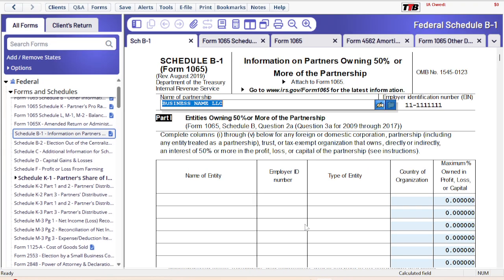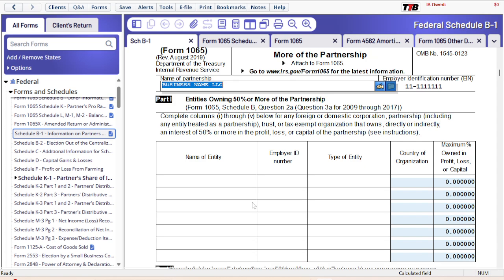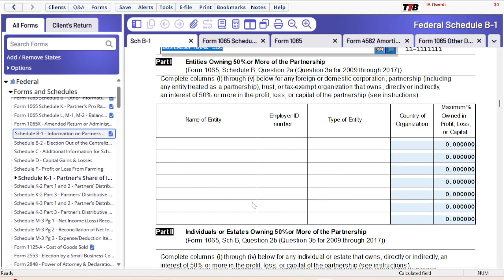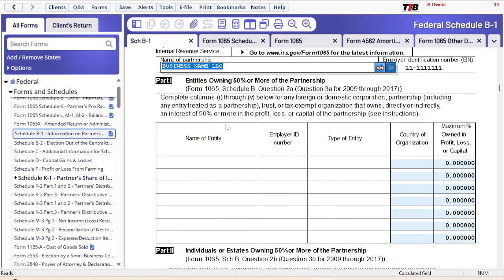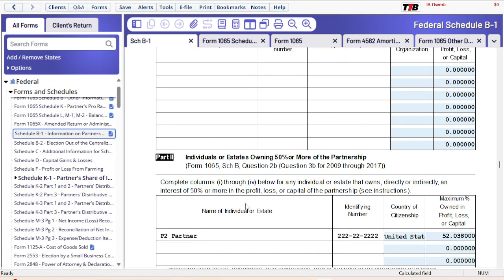So that means we need to go to Schedule B and complete it here. So this is for that first part that we saw, and this will be for the partner that owns more than 50%.